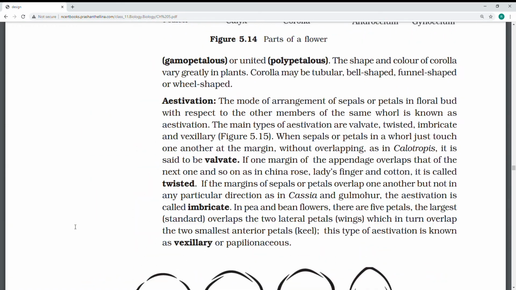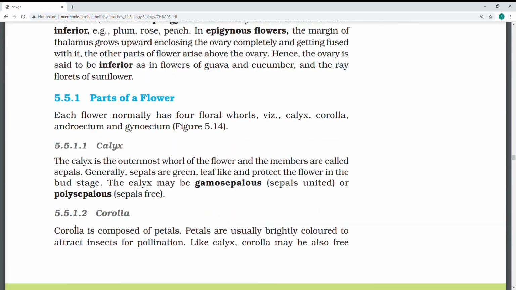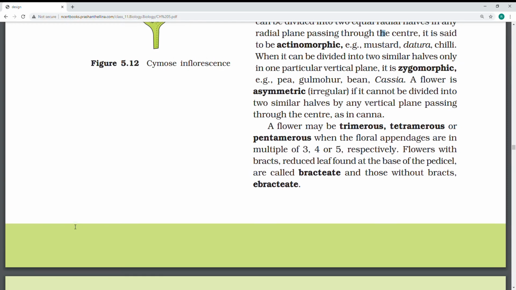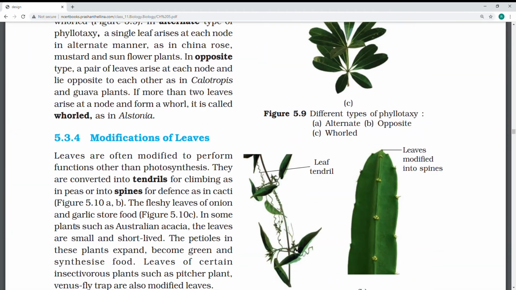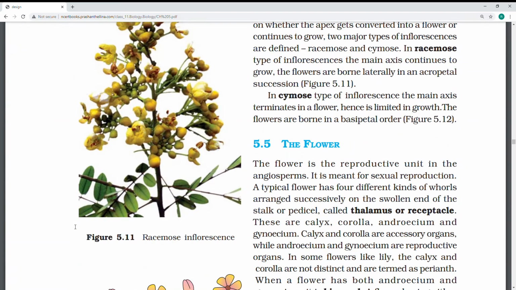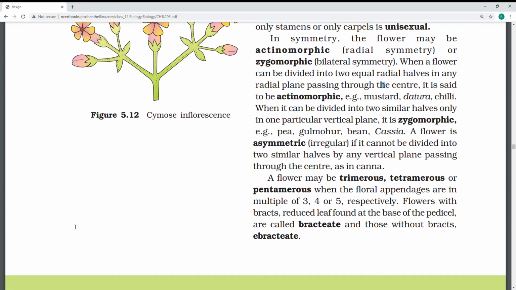If you see the structure of the flower, there is the calyx and corolla. You have learnt in earlier classes what the structure of a flower is. The stalk is what holds the flower, and the thalamus is the swollen part at the upper portion of the stalk.